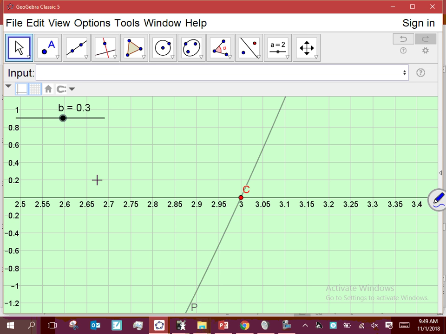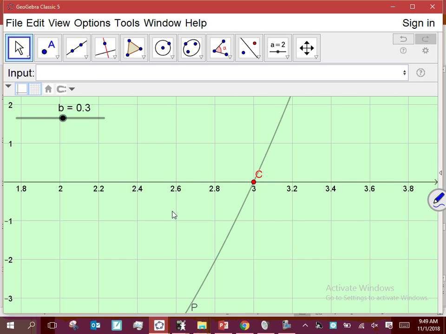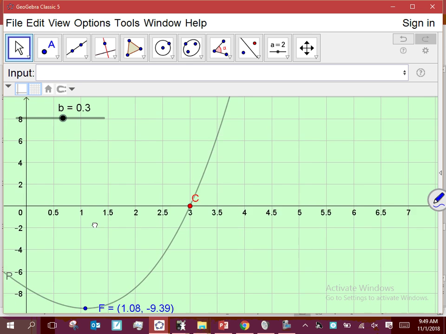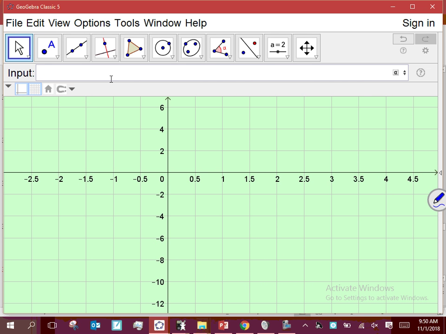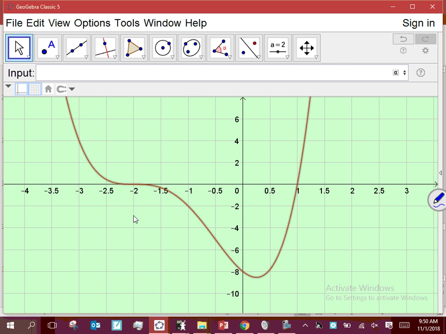Now, let's go x plus 2 to the 3rd, x minus 1. All right, so something like that. Okay. Do you see here?